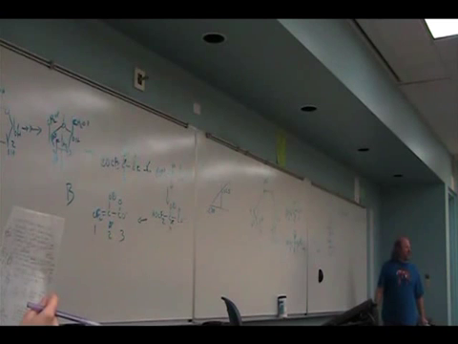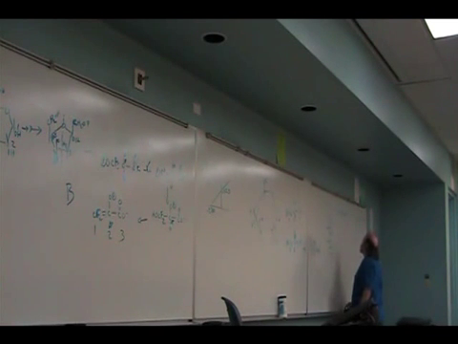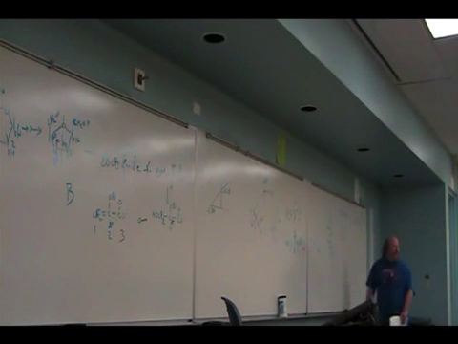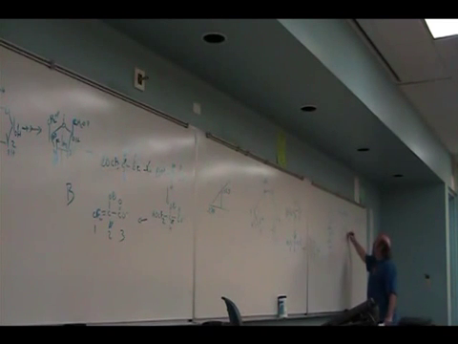So what you first do is you draw down what the alpha pyranose form looks like. Pyranose is the 6-membered ring. Alpha means the OH group is going to point down.